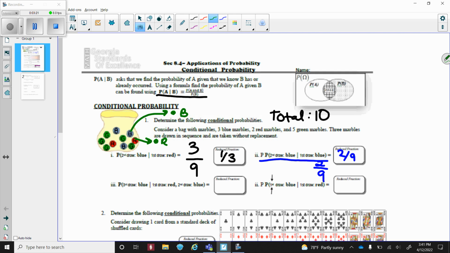That means my total is no longer 10 and it's not even 9. My total is 8. So at the denominator of my fraction, I'm going to put an 8. We just have to figure out what goes on top. So I'm pulling another blue. I've already pulled 1 blue out, so I don't have 3 blue marbles anymore. I only have 2. When I simplify this fraction, my reduced fraction is 1/4.